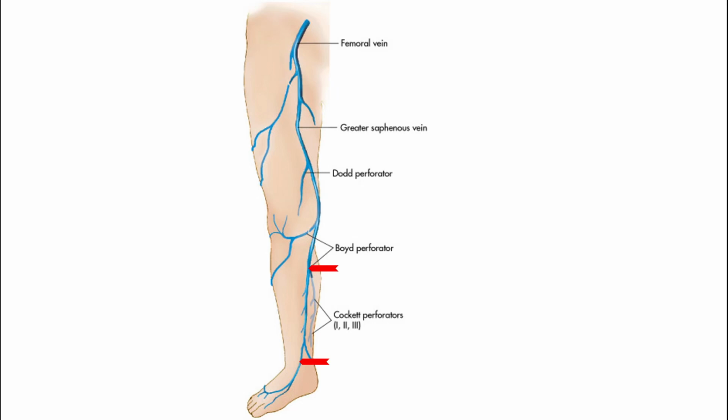Then, as it goes on the medial side of the leg, it goes medial to the knee joint, and then medial to the thigh and slightly anterior, and ends up in the femoral vein.